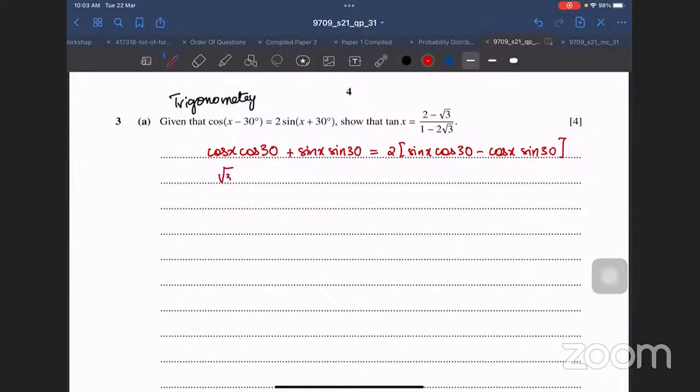This gives me root 3 over 2 cos x plus half sin x equals 2 root 3 over 2 sin x minus half cos x.